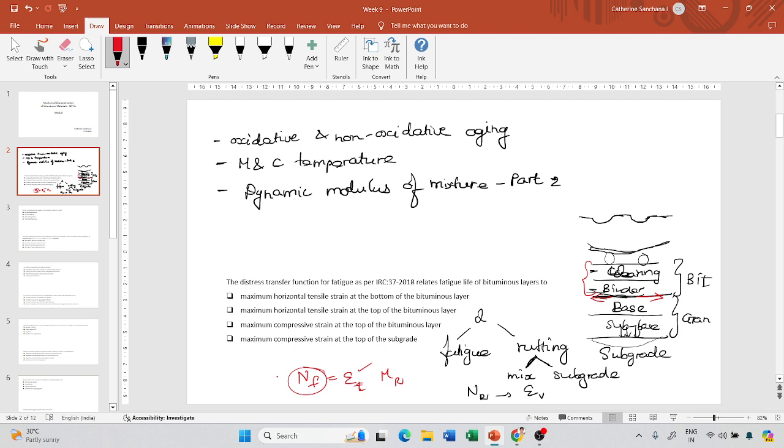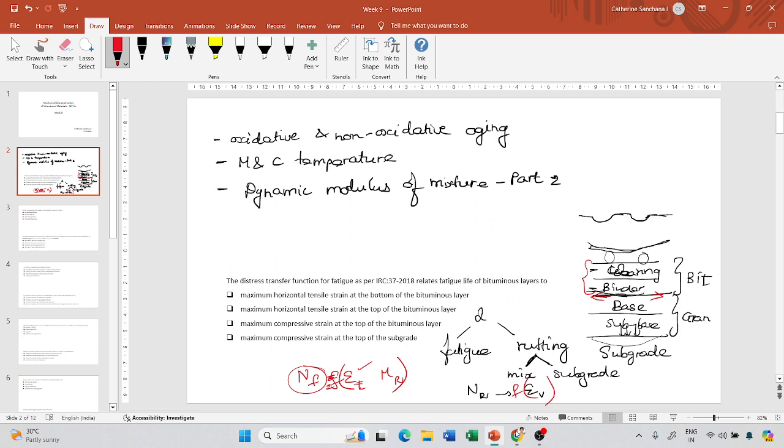Okay. It is a function of, I will write it like this, because it is not directly proportional to the tensile strain on the bottom of the bituminous layer, but it actually is inversely proportional. Okay. So if the tensile strain is more, then your fatigue life will be less.